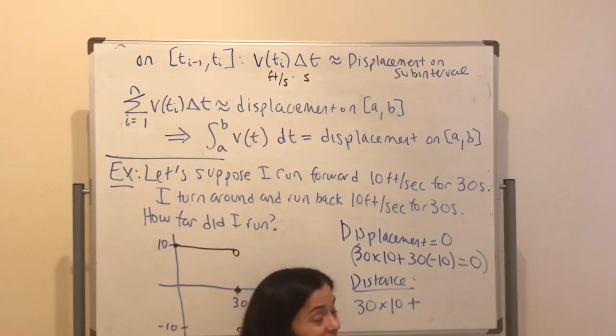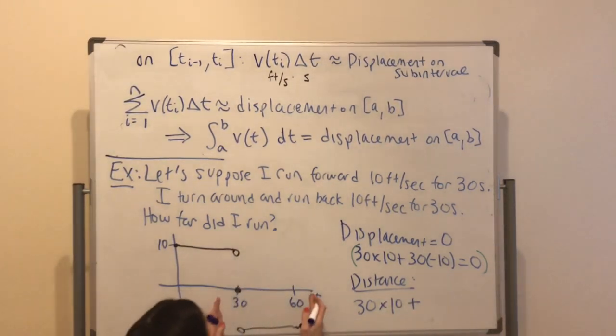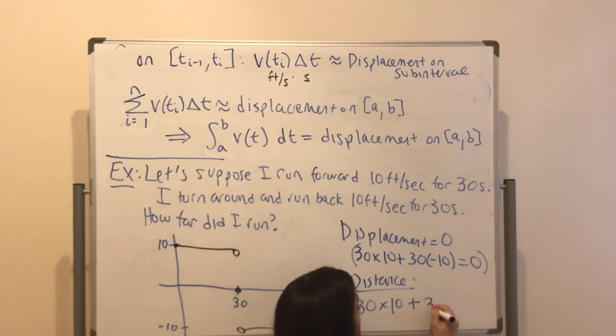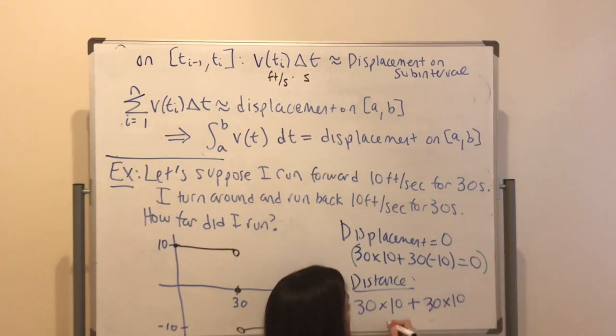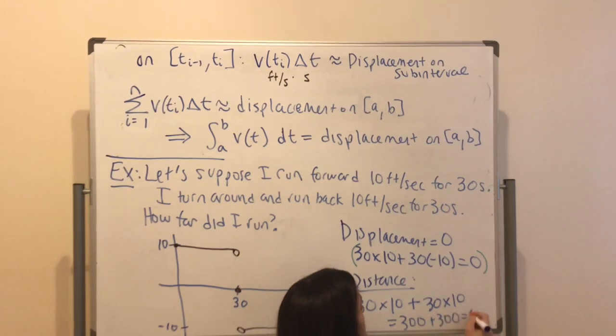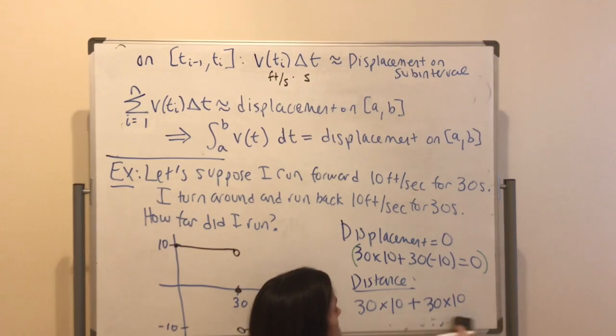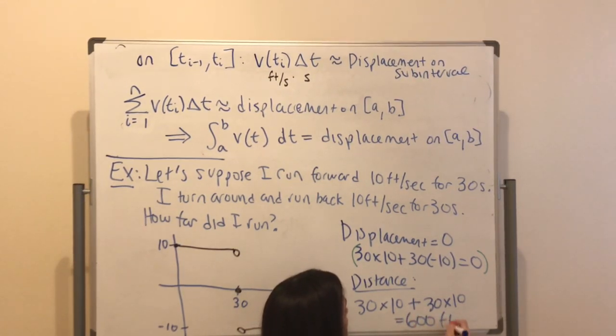And then on the second 30-second interval, I'm traveling 30 seconds, and I'm also traveling 10 feet per second. So it's another 30 times 10, which is going to be 300 plus 300. The total distance I traveled, I'm running out of space, is 600 feet. Okay?